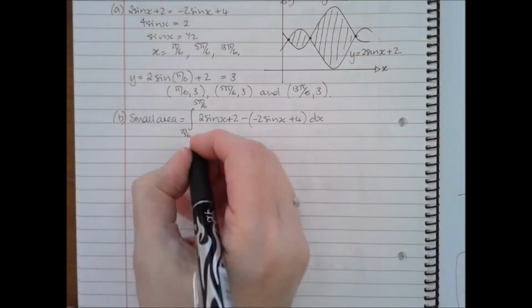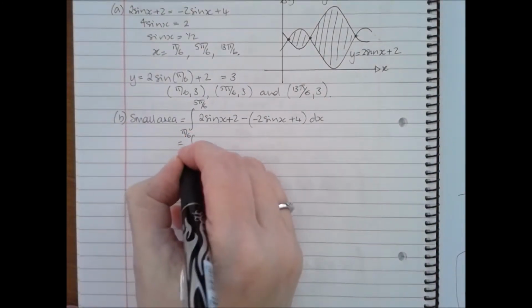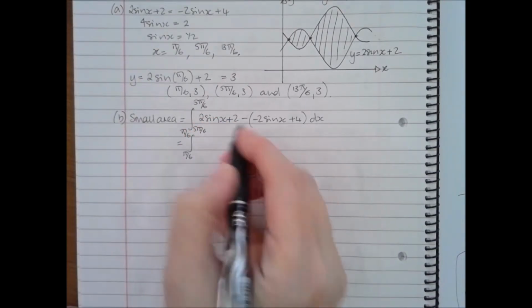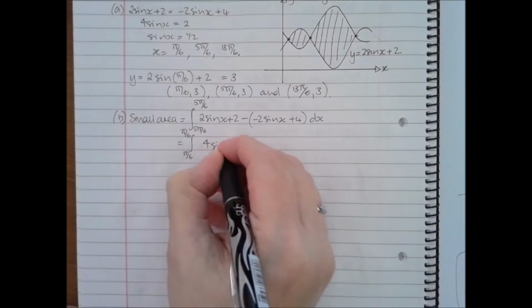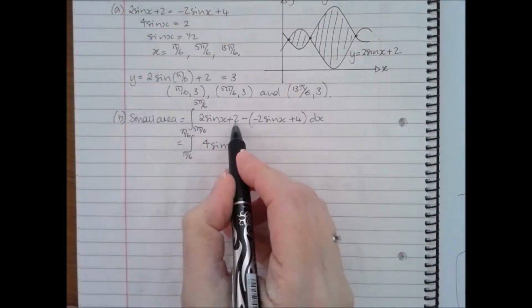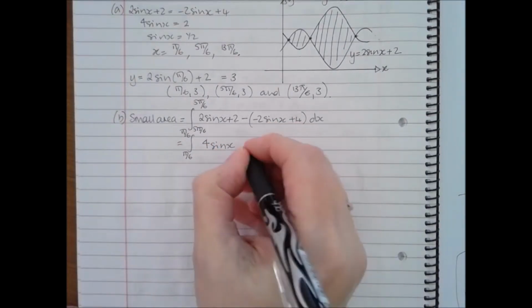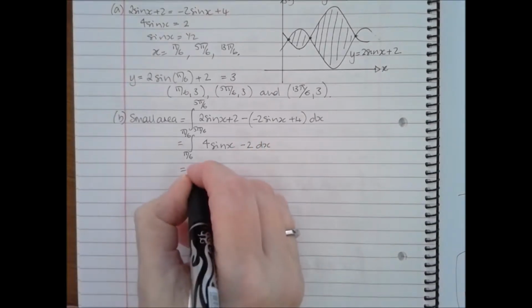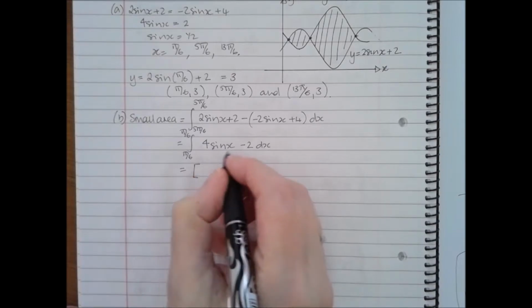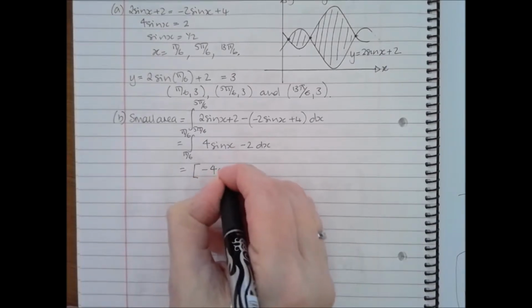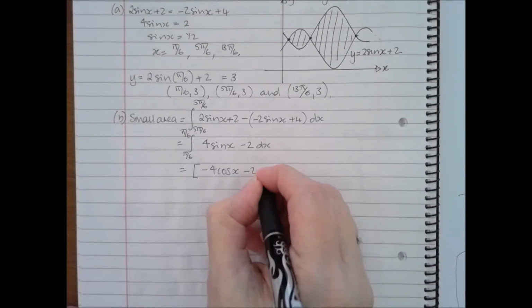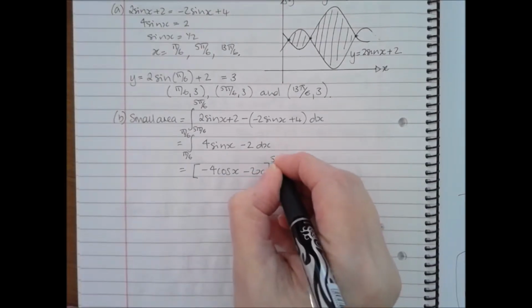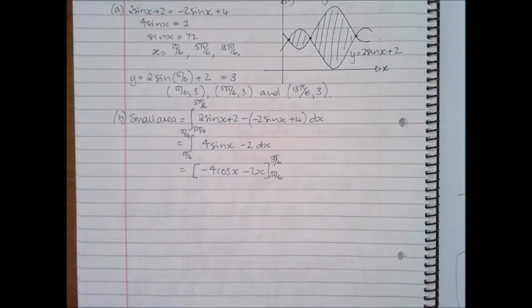Now if I simplify this, with my pi by 6 and my 5 pi by 6, what I end up with is 4 lots of sine x, and I've got a plus 2 there and a minus 4 coming here, so a minus 2. When I integrate sine, I get minus cos, so minus 4 cos x minus 2x, and again my limits pi by 6 and 5 pi by 6.